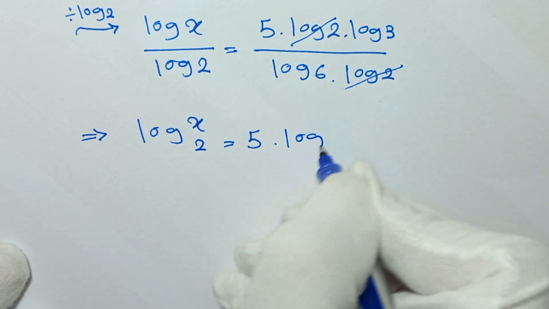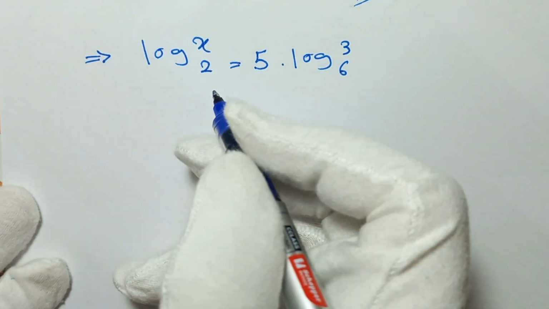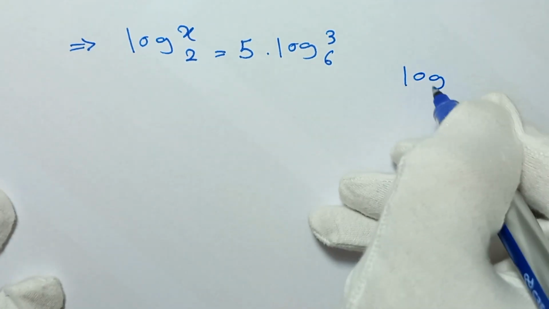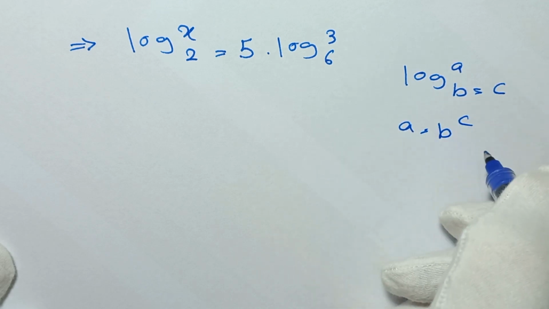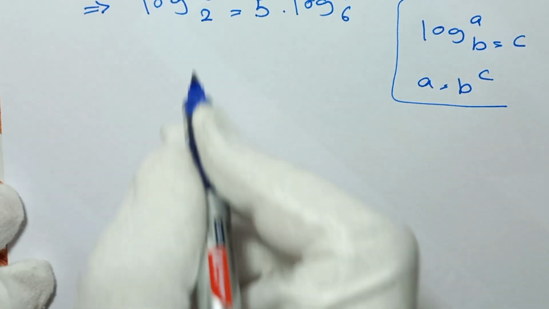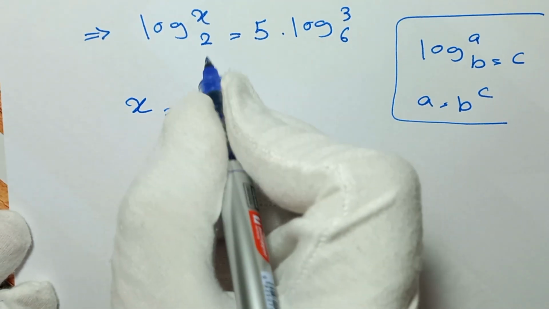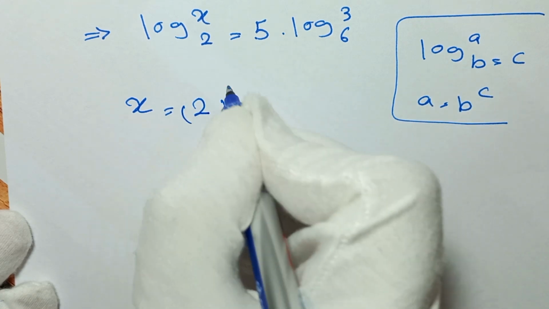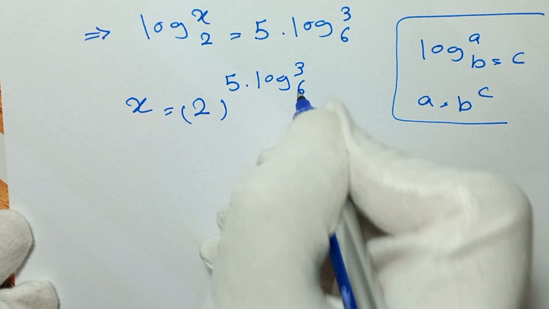We can write log 3 to base 6. And from log rules, if we have log a to base b is equal to c, then a is equal to b to the power of c. So x is equal to 2 to the power of 5 times log 3 to base 6.